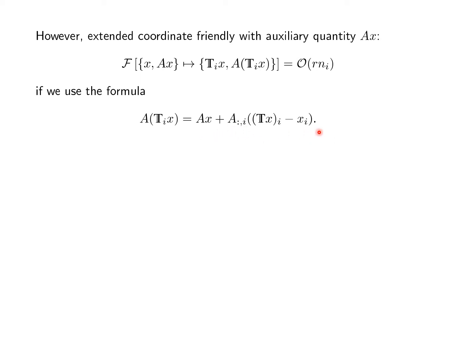The difference can be calculated by multiplying the ith column block of A by the subvector difference. This costs R ni, and this addition costs R. Therefore, this update to Ax also costs O(R ni). Together, updating both quantities costs O(R ni).